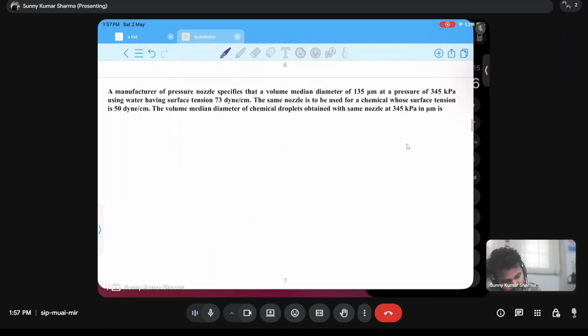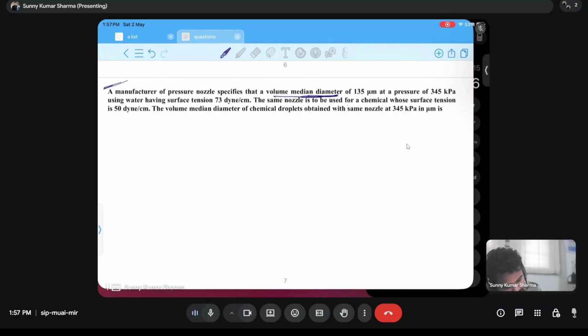The next question is also related to spraying, related to this week 8 only. The question given is, a manufacturer of a pressure nozzle specifies that the volume median diameter is 135 micrometer at a pressure of 145 kilopascal using water having surface tension of 73 dyne per centimeter.